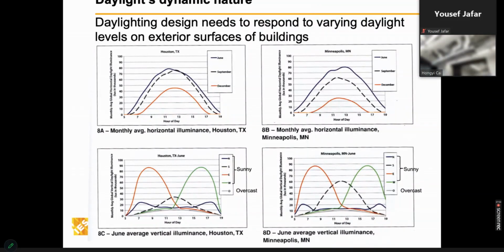Under overcast sky conditions, the orientation of the window doesn't matter much. So if you look at this curve, for example, if you have a window facing east, you will have the maximum vertical illuminance come to your window around maybe 8 to 9 o'clock, not at noon.